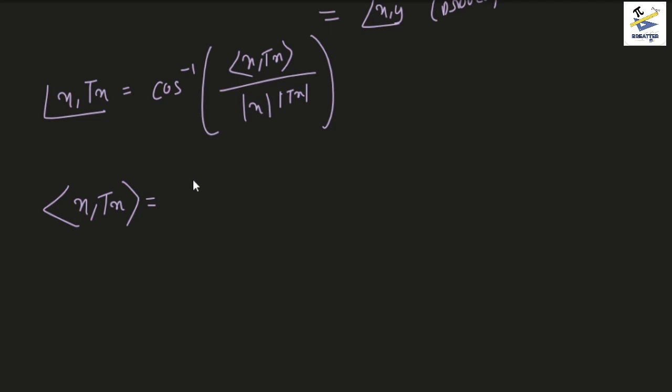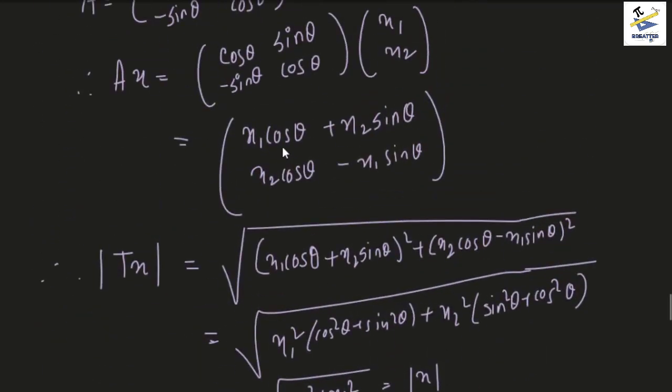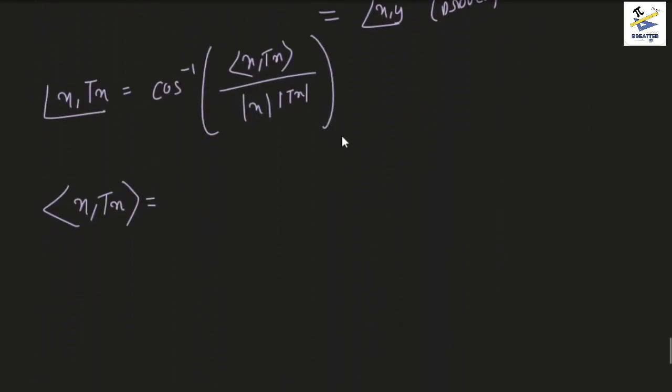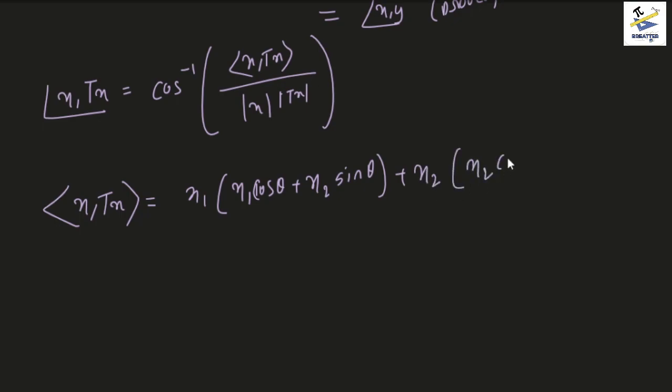So what we can do is multiply x1 into x1 cos theta plus x2 sin theta, plus x2 into x2 cos theta minus x1 sin theta.